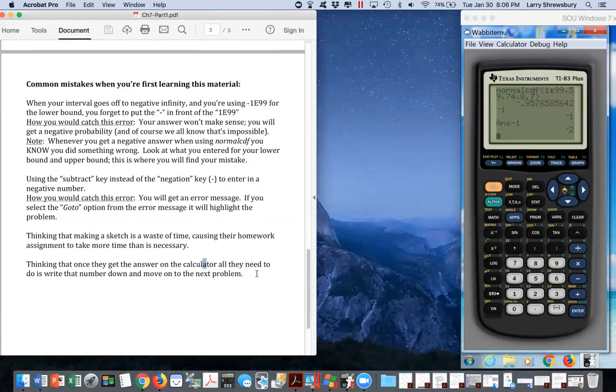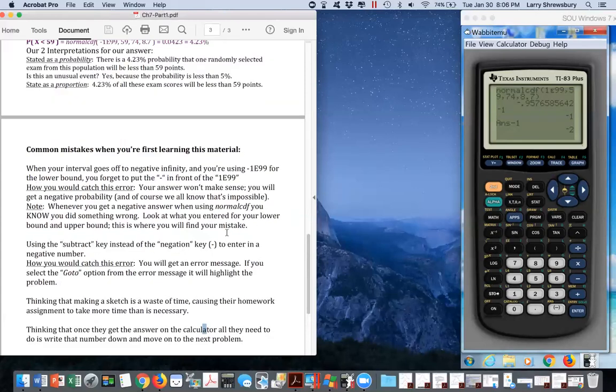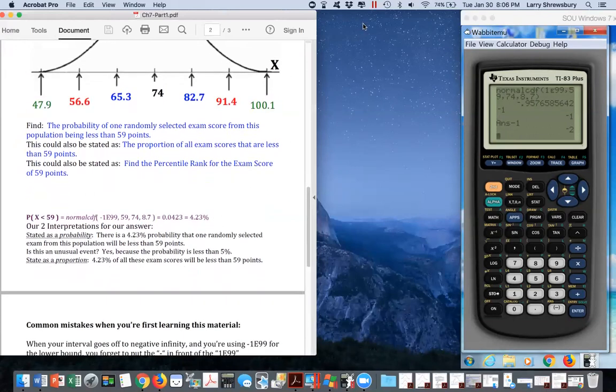But let's go now, taking it to stage 2. Now, the deal with that is, let me get my annotation tool here. So what I want to emphasize, we were given the interval, we gave that to Normalcdf, and Normalcdf gave us the area under the curve.